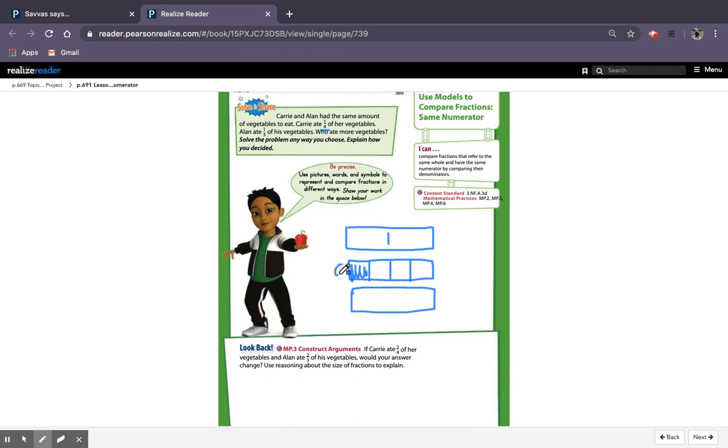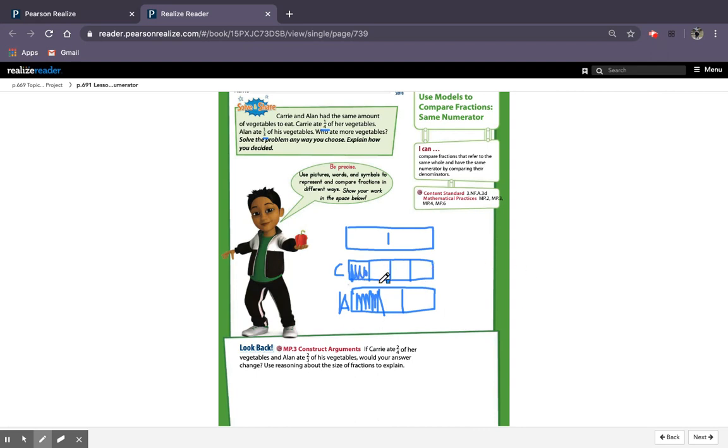So this is Carrie, and then this is Alan. And in Alan, he ate 1/3, which means there's going to be 3. Not a super straight line, but it's okay. And then I'll color this one in. So he ate 1/3 and she ate 1/4.